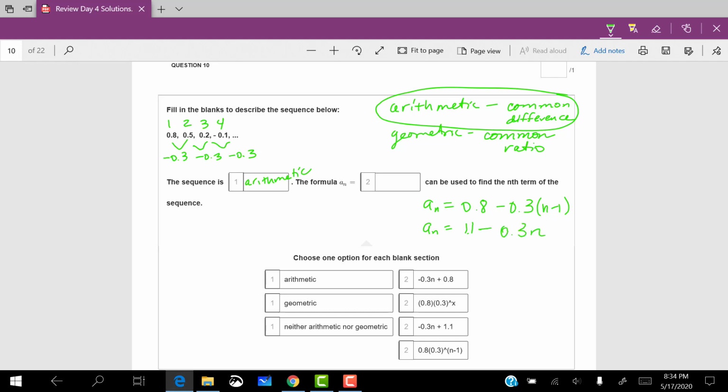Or you can think of it as, some of you like to sort of back this up to the zero term, and then you realize that zero term, sort of like the y-intercept, is 1.1. Mx plus b form, you write it as negative 0.3n plus 1.1. So either of these two last ones are fine, and that would be this choice 2.